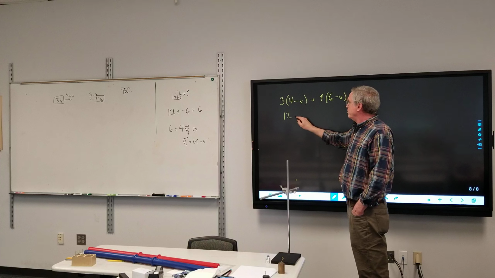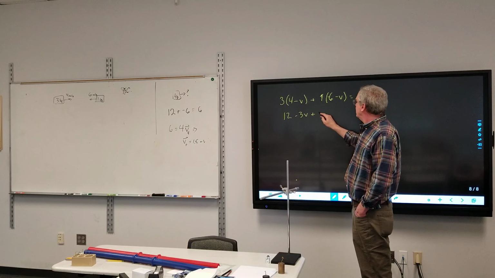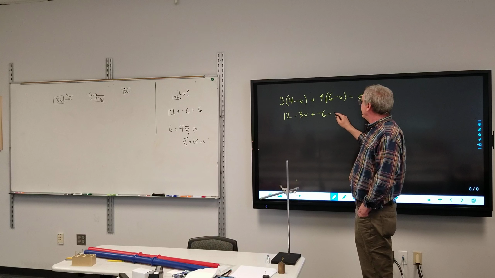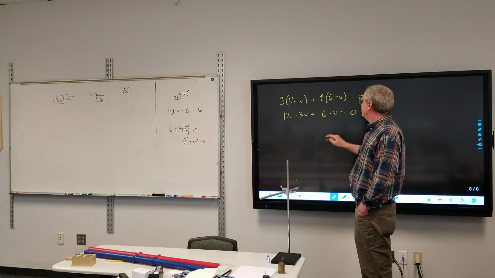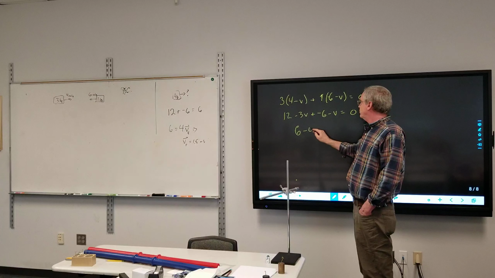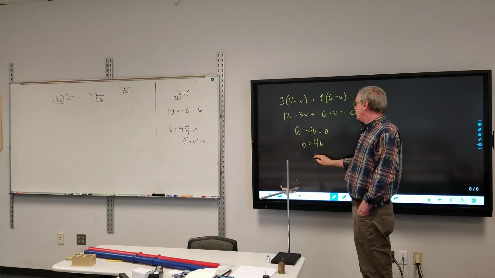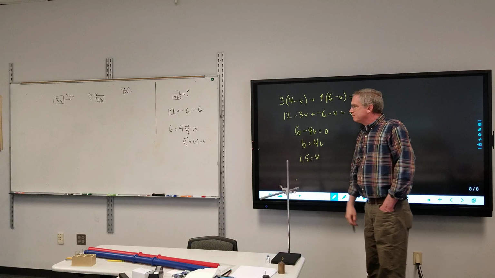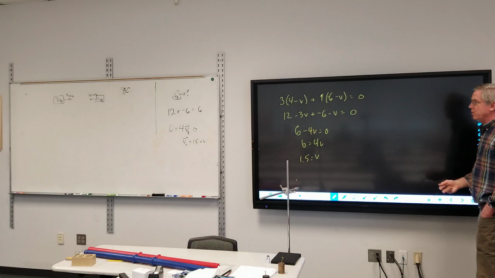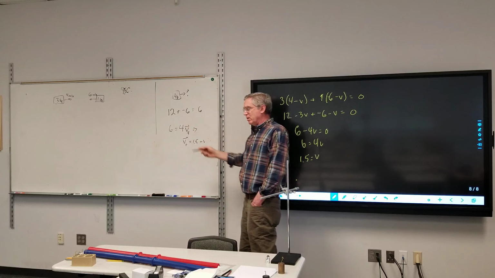So this is 12 minus 3v plus negative 6 minus v equals 0. Combining things, I get 6 minus 4v equals 0, or 6 equals 4v, v equals 1.5. So it gets to the same place when you solve it more generically or just solve the perfectly inelastic collision problem.